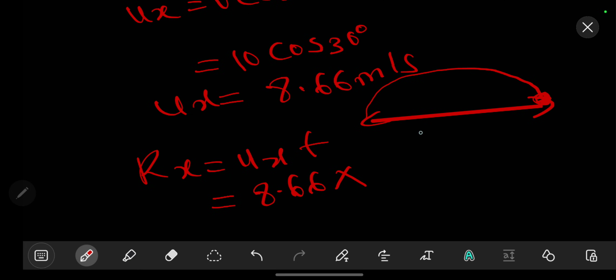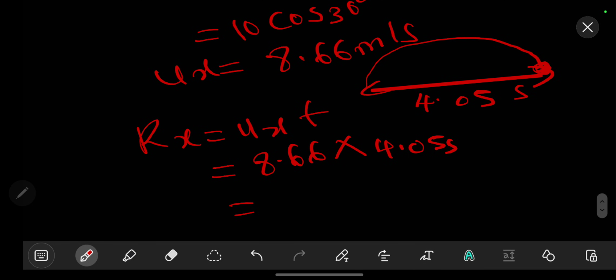That is 4.05 seconds. Multiplying 8.66 by 4.05, we get a value of 35.074 meters. So this will be our range.